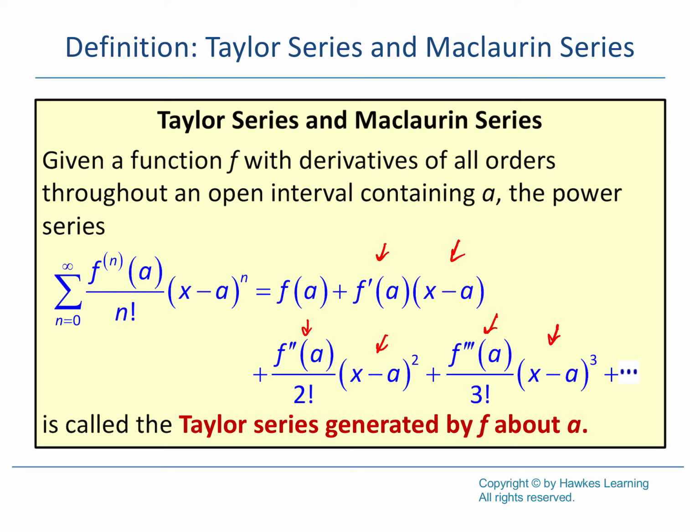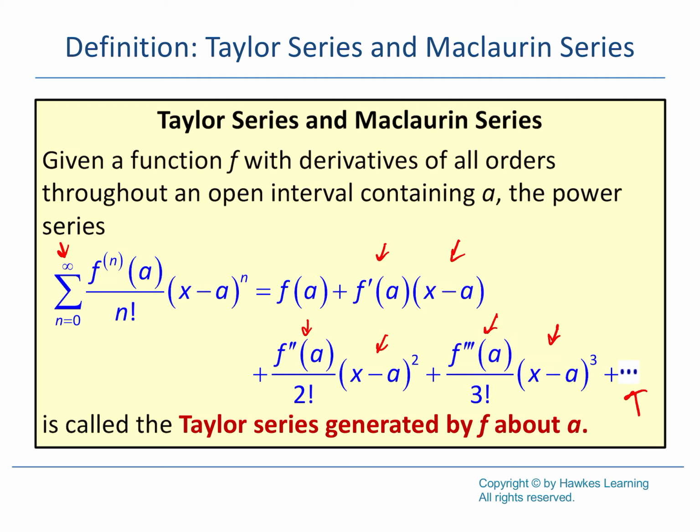This is the Taylor series because this one goes out to an unlimited amount of terms. And it's a way to start off with a function and create a series based on that function.